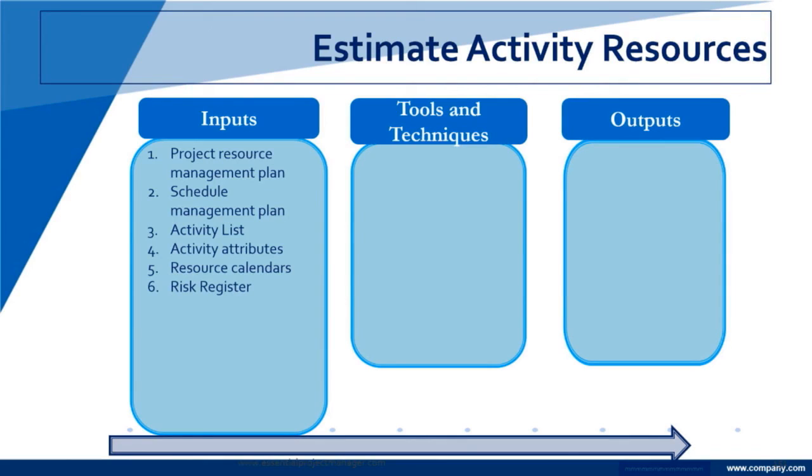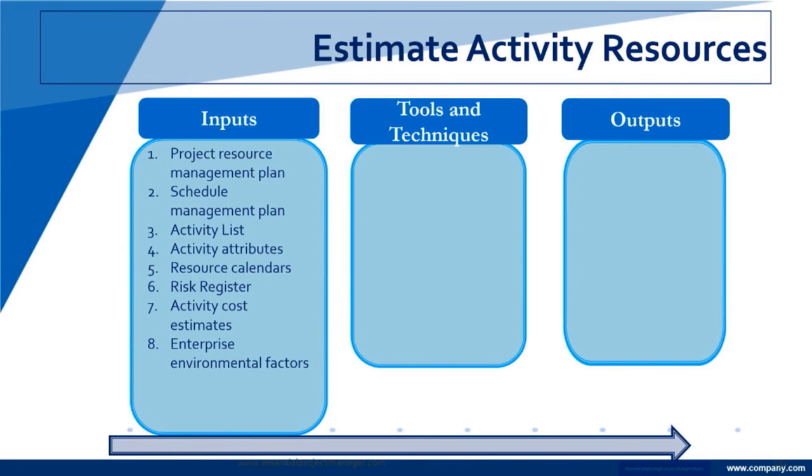Again, we've not talked specifically about it. There's an assumption that we've done some work on risk at this point. Our activity cost estimates. So we've looked at activity and we've said that we need 100 person hours to do a specific activity. Here we're going to estimate the resources needed for that.